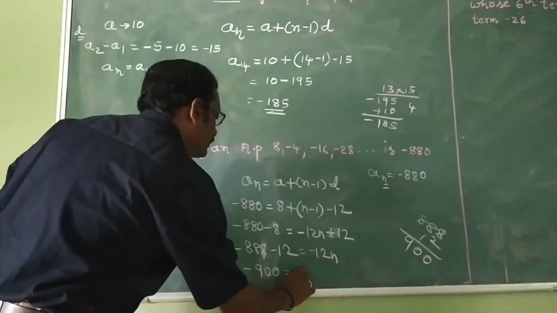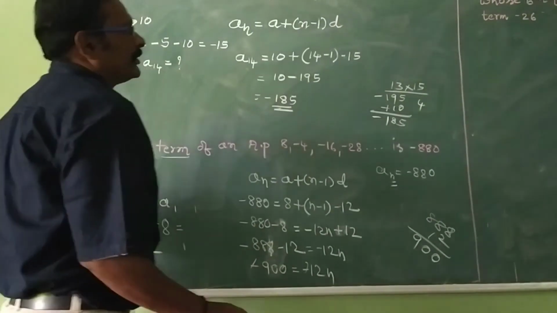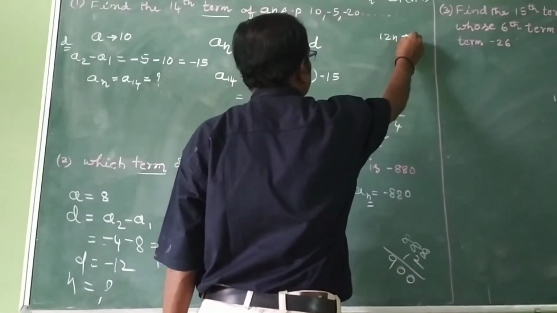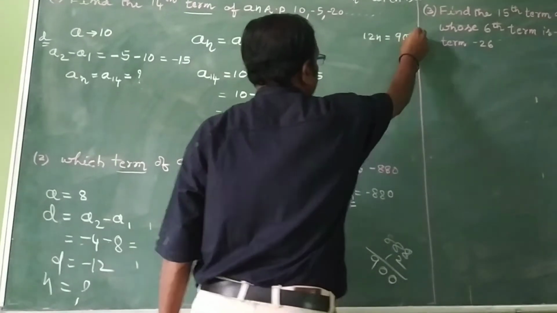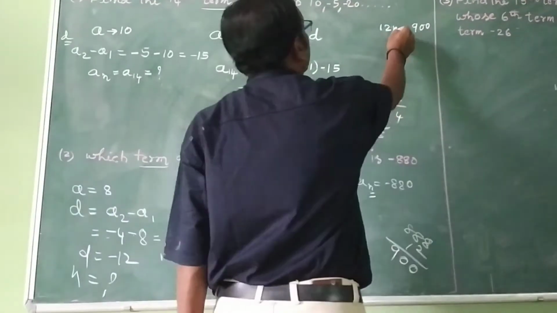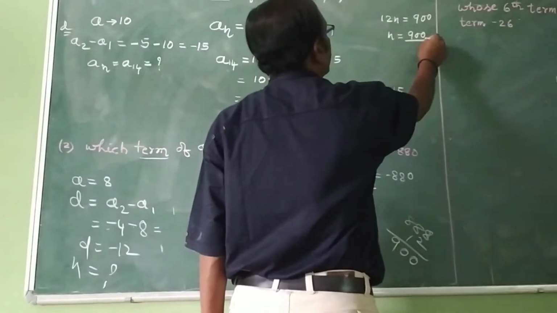This is equal to minus 12n. Minus minus goes. So I will write here 12n is equal to 900. Therefore, n is equal to 900 by 12.